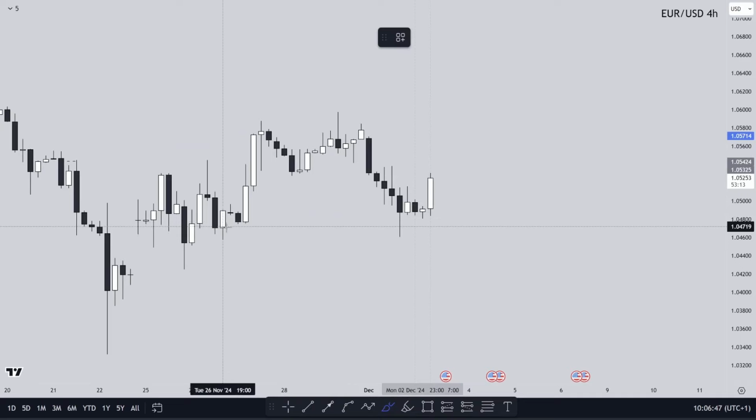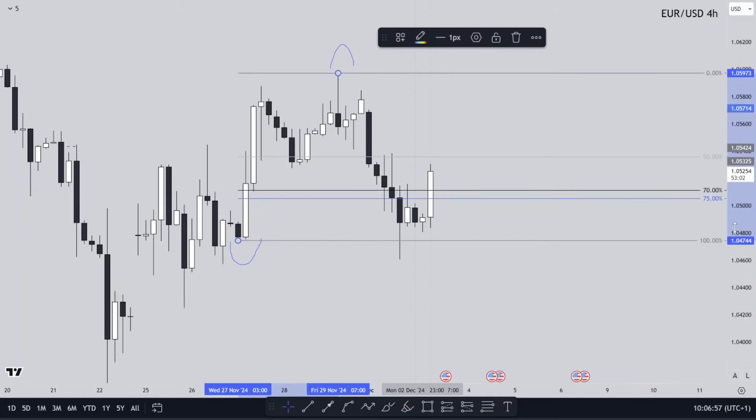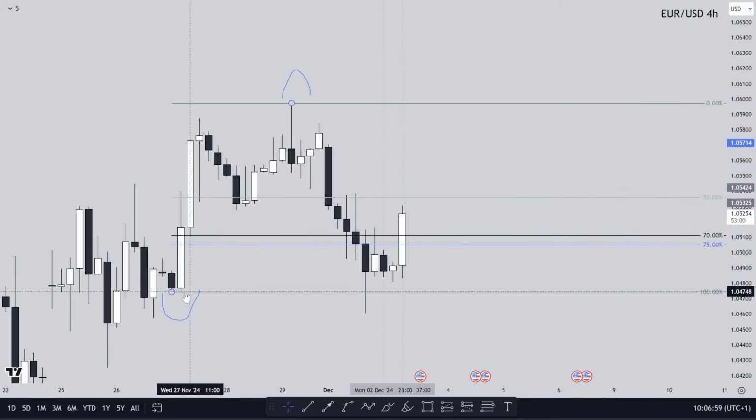This is my last low of the structure. This is my top of the structure, so we are in a bullish range. As you can see, this is the minimum, this is the maximum, this is the discount zone. Yesterday we saw the price trying to go lower, but then price rejected the level, so now I expect bullishness.